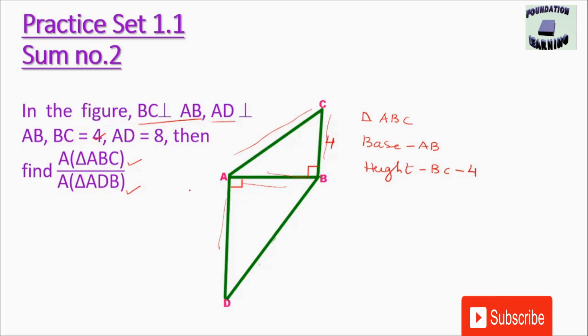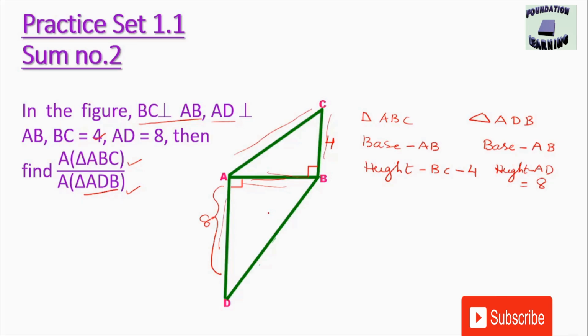We are taking the top triangle. And next we take the second triangle, triangle ADB. Base is again AB, and height is this one, that is AD, which is given as 8.